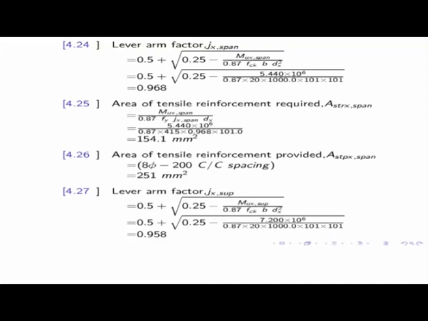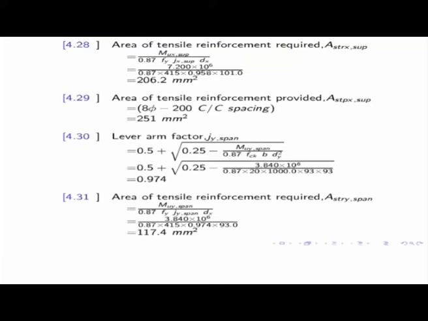Similarly at the support, we get this value, and jx in a similar fashion. I can find the area of tension required, 206 square millimeter, and I have provided again 8 at 200 center to center, which comes as 251 square millimeter.